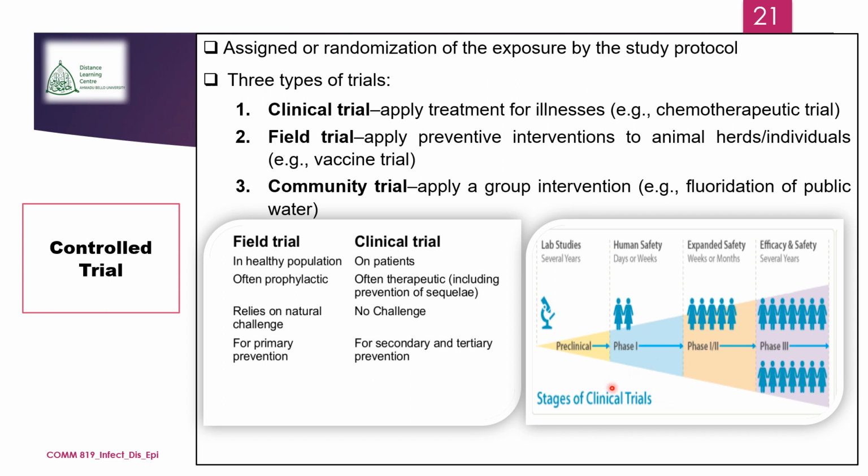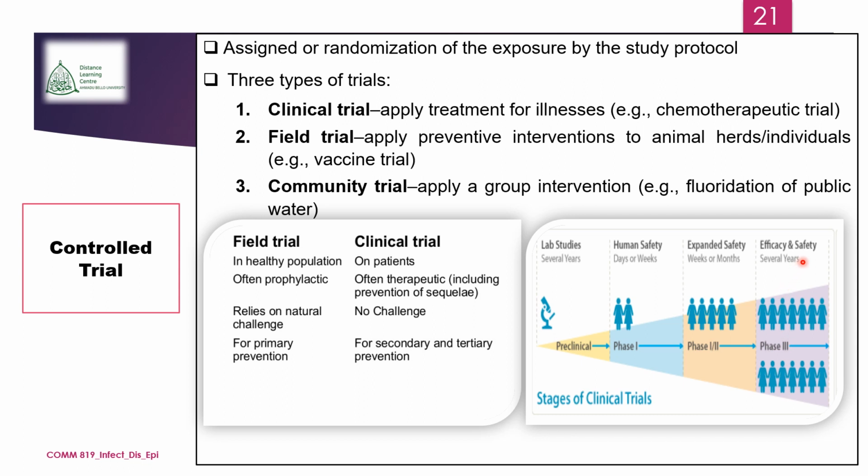So here you see the stages of clinical trial, from lab studies that take several years, which usually you term preclinical, okay. Then it goes into phase one of trial, for instance vaccine development, okay. This phase one, there's human safety, which usually takes days or weeks. Then it goes into phase two, which is expanded safety, and it could be weeks or months to actually ensure that it is safe.